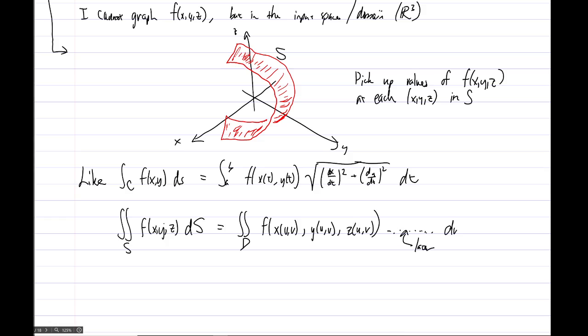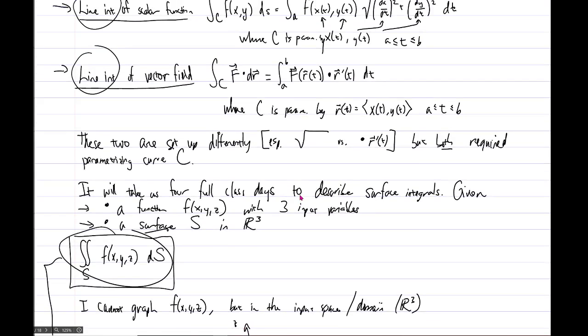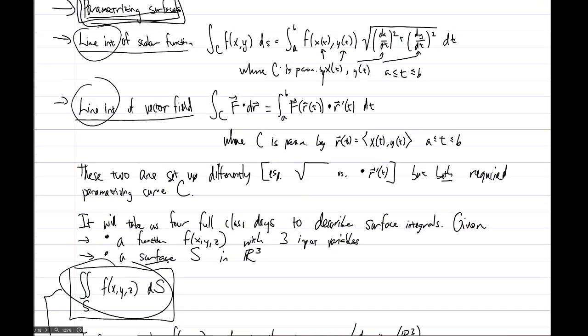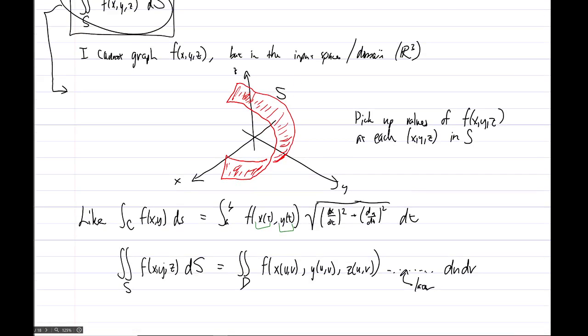And then a du dv there. The thing we should point out is, just like earlier the x of t, y of t, going right back up here, was the way of describing a parameterization, we're going to have the same sort of feature going on, where x of u comma v, y of u comma v, z of u comma v.